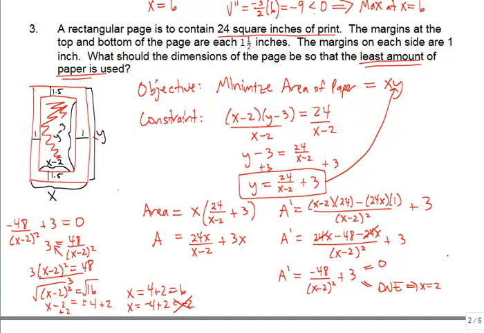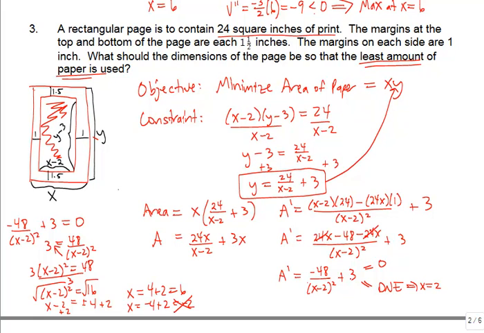So at this point you need to figure out which one of these is the minimum that we're looking for. And you can do either the second derivative test or you could do the first derivative test. Both would work here. I'm going to go ahead and use my second derivative test because it's not that difficult to do based on what my first derivative looks like. Okay, so if we take a look at our first derivative here, we have negative 48 over (x minus 2) quantity squared plus 3.